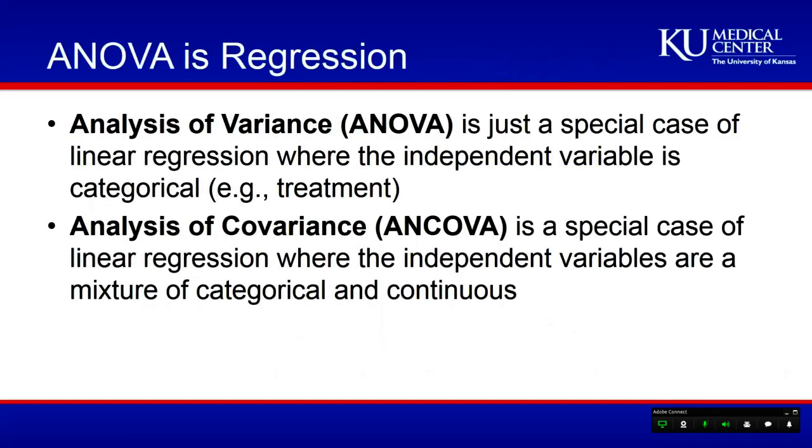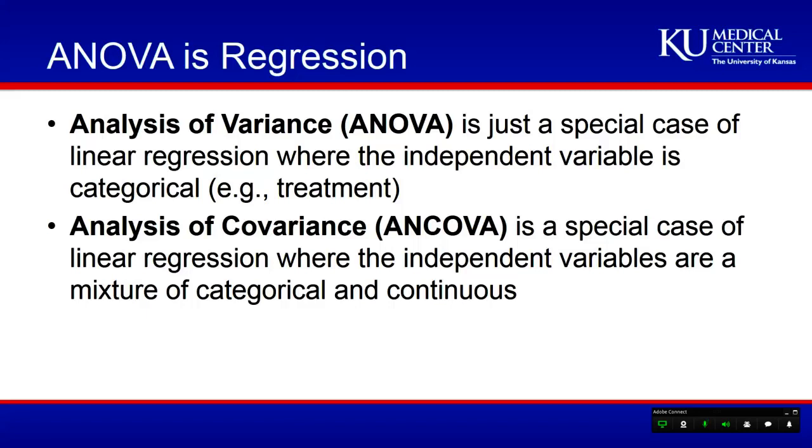So again, segueing back into ANOVA, ANOVA is just regression. It's a special case of linear regression where our independent variable is categorical. Generally, in biostatistics, the categorical independent variable describes subjects' treatment assignment or exposure status.